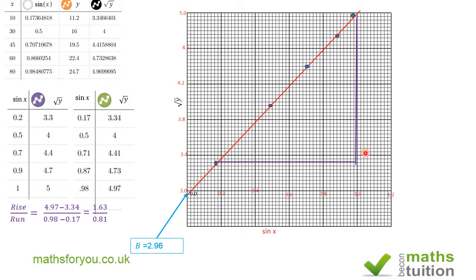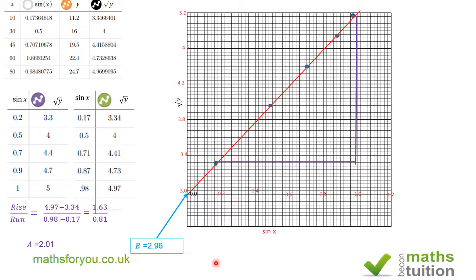Our rise here is 1.63, and our run here is 0.81, and that gives us an a value of 2.01, and to one decimal place that becomes 2.0. So the answer for a is 2.0.